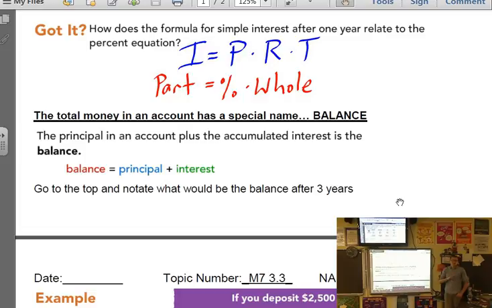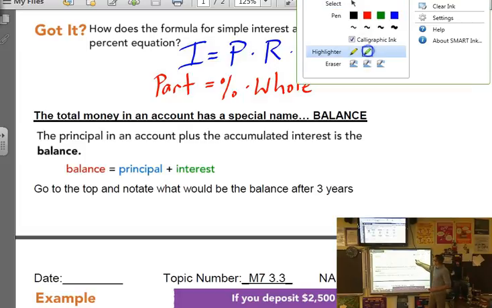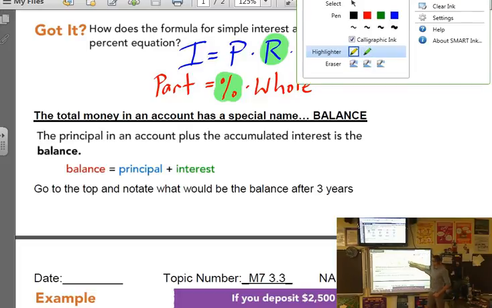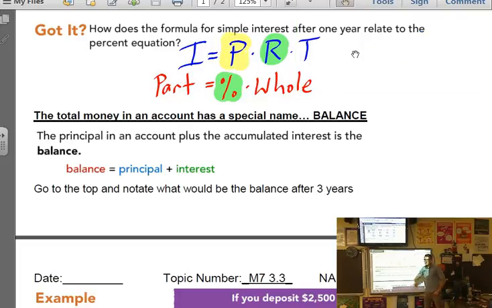Now, if I try to relate these formulas, Anthony already told me that my rate is really the percent value. Abby told me that the principal is the amount that we start with, which would really be our whole.